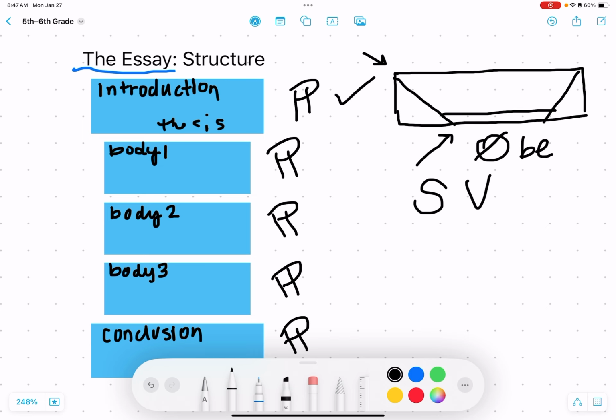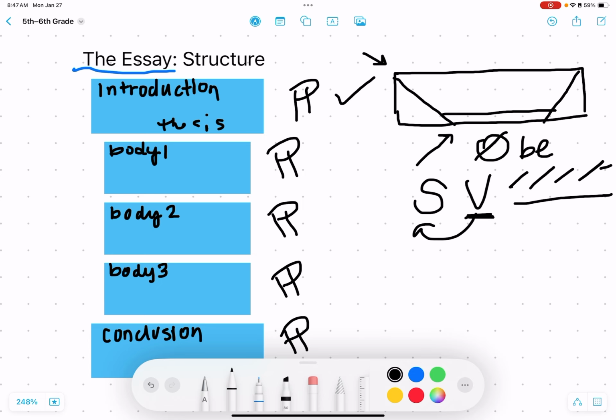No neutral verbs. It needs to be a strong verb that tells me how to think about this topic. And then the rest of the sentence can provide further explanation, but we don't want to give away our paper in the rest of the sentence. I've heard some teachers explain that you want to list off all of your points here, but let's not do that. Let's save it for the paper.